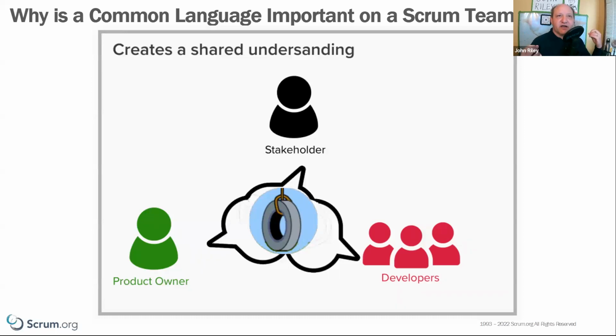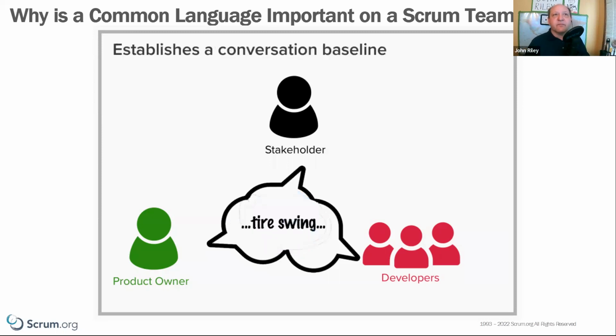Whenever you're in a conversation, you have one understanding for one person, another understanding for another person. Everybody has an understanding of what something should be. But what's most important is that shared understanding between all parties involved so that you can produce something awesome.